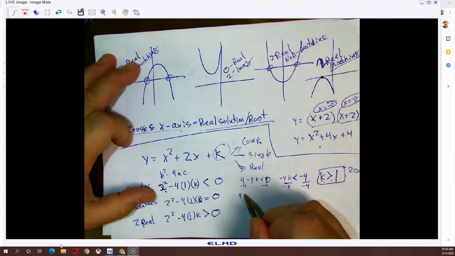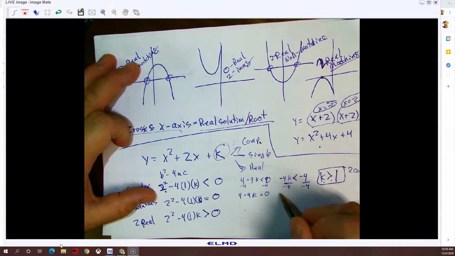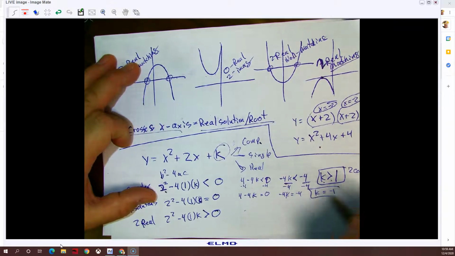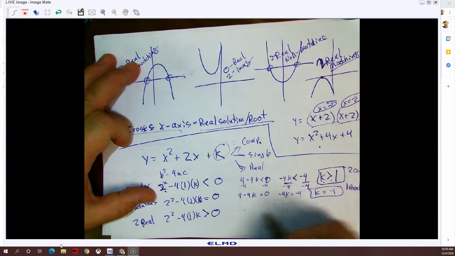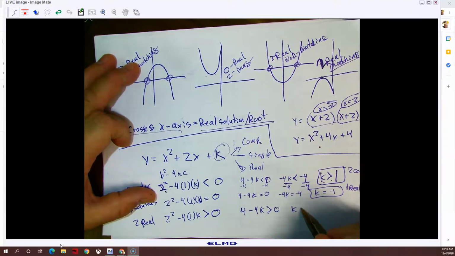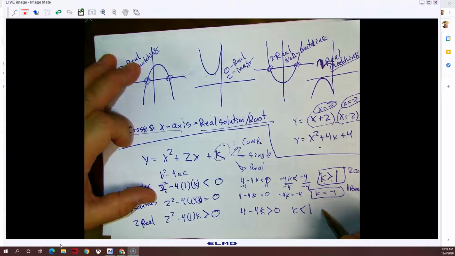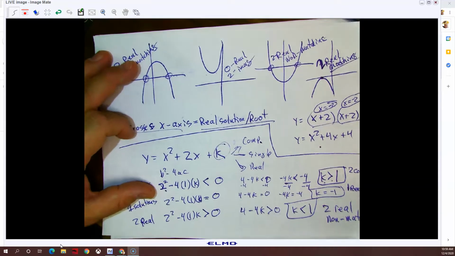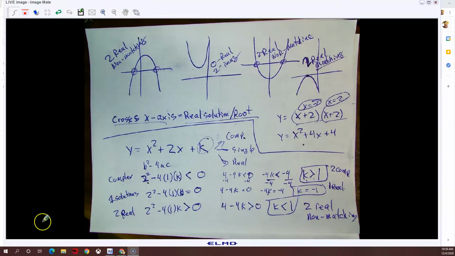If, on the other hand, I have the exact same thing, but now I have equals 0, negative 4k equals negative 4, k equals 1, would make 1 real or 2 matching real. And finally, 4 minus 4k is greater than 0. K would be less than 1, would give us 2 real solutions, non-matching. All right, so that should help you. That should help you get your Delta Math done as well. So with that in mind, that's a long video, but that's okay.